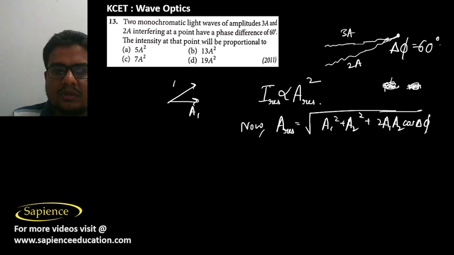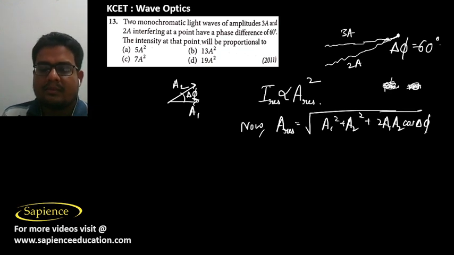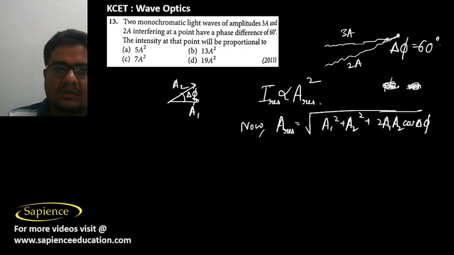Suppose this is amplitude A1, this is amplitude A2, and their phase difference is delta phi. Then we find the resultant amplitude by doing vector addition.